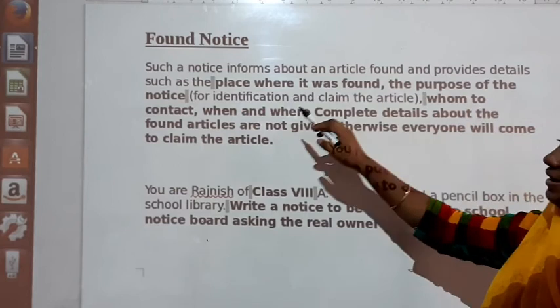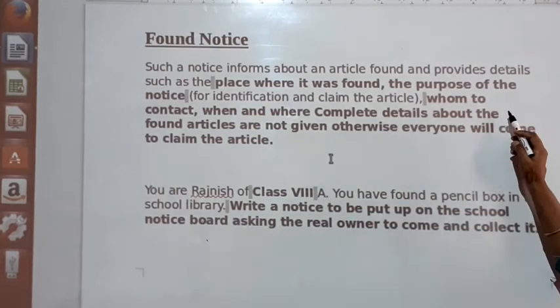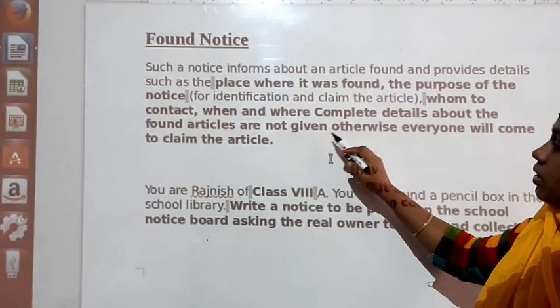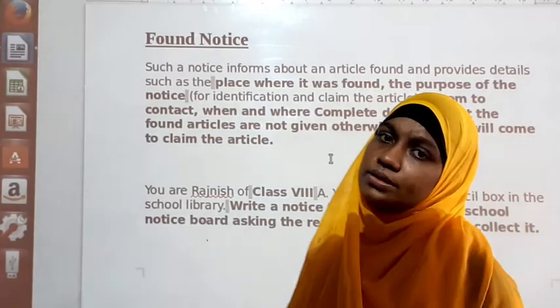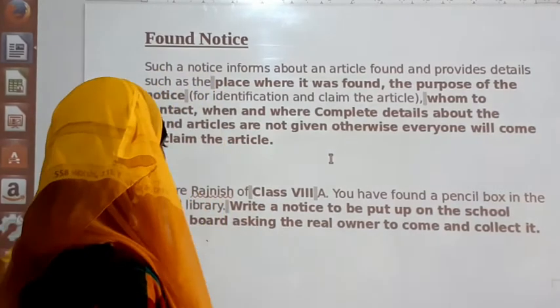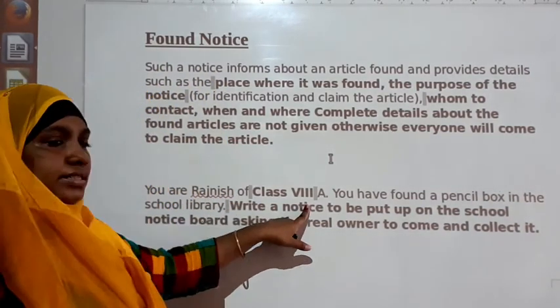So whom to contact, when and where; complete details about the found article are not given, otherwise everyone will come to claim it. So see here, you are Rajneesh of class 8A.